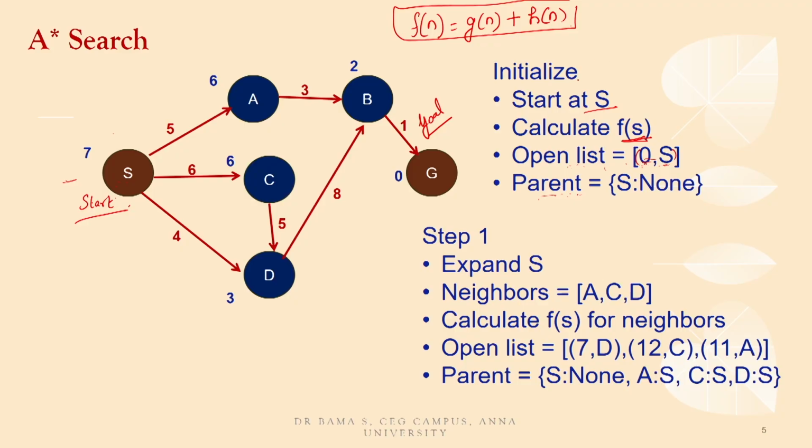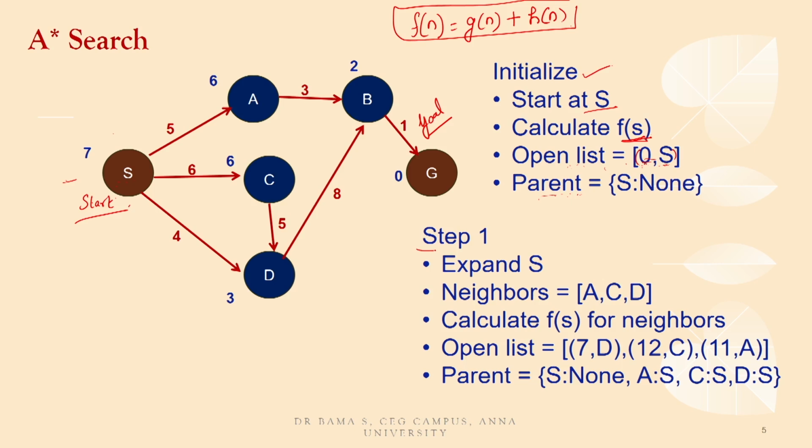So, initially we had the dictionary of came from. So, here we will maintain a dictionary of parent where S is none, and we will append iteration after iteration. So, this is the initializing portion.